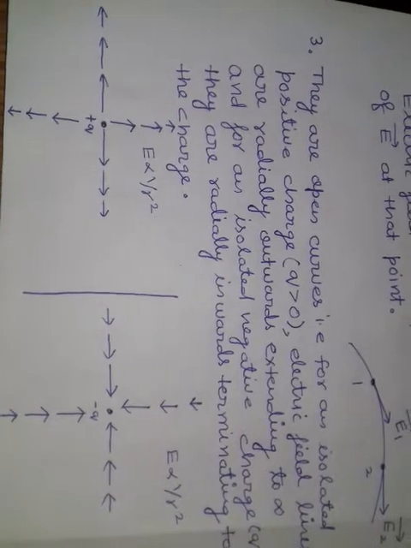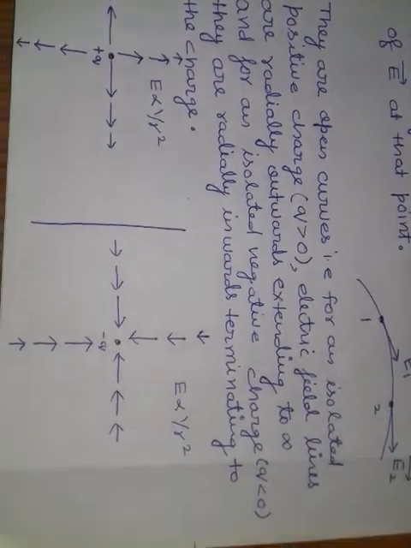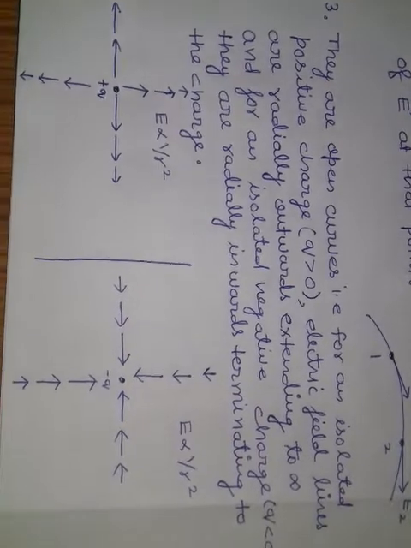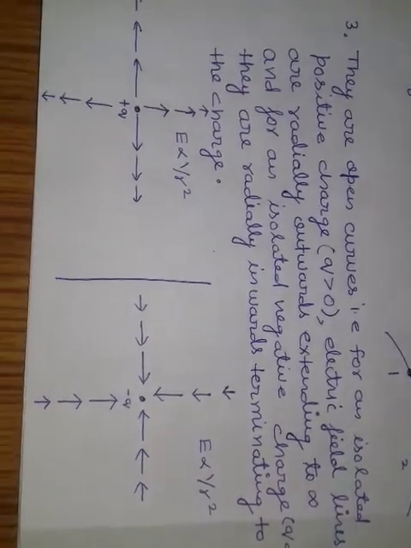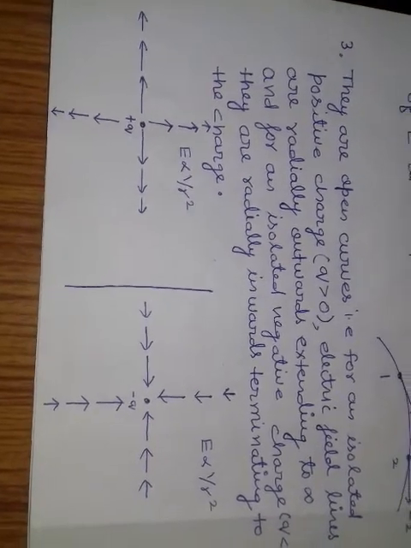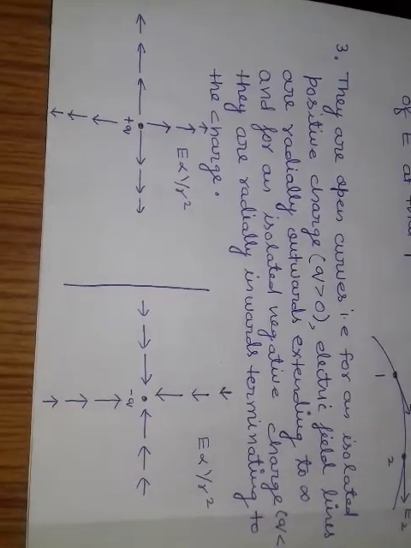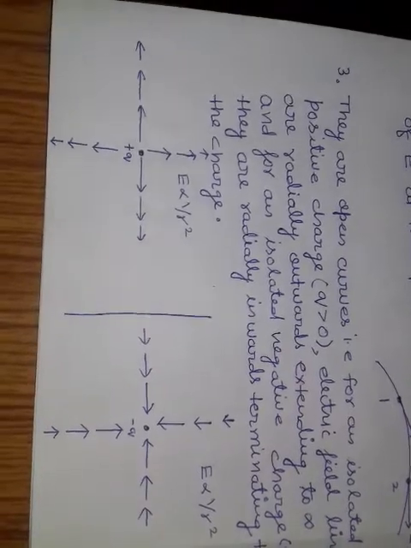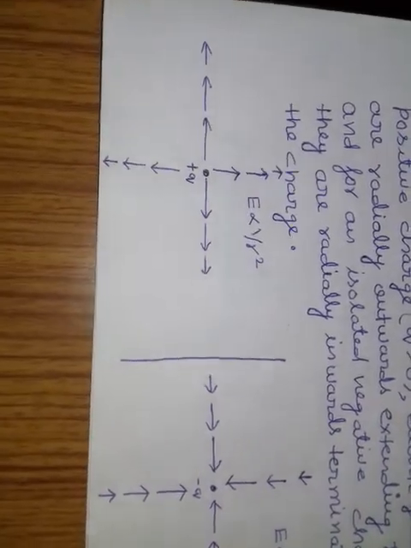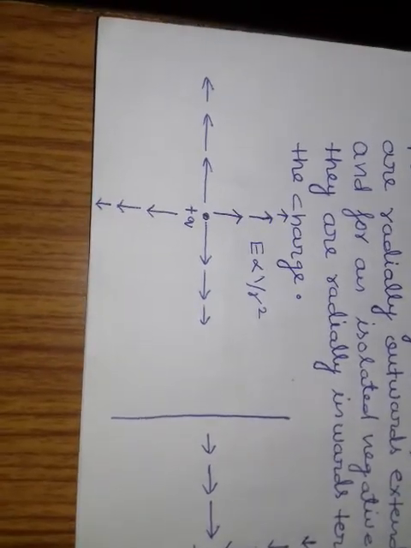And for an isolated negative charge, they are radially inwards, terminating at the charge. If we plot the electric field lines for the positive charge, it will look like this in the figure.